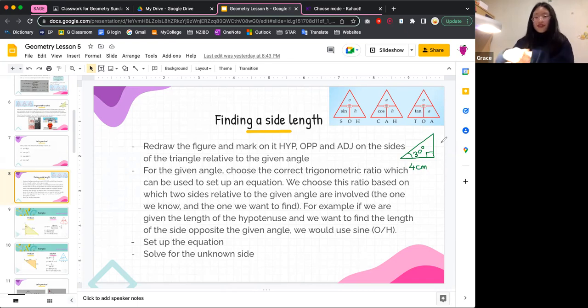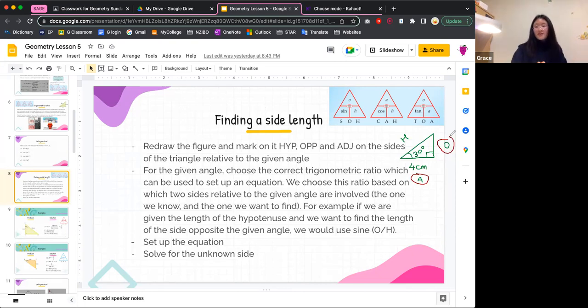So for example, oh wait, but before we do anything, we have the angle that we've been given and we need to label the sides of the triangle. We've got the longest side here, that's H, the hypotenuse. This side is opposite and this side is adjacent, it's next to the angle. If I said find the opposite side, you're given the adjacent side and you want to find the opposite side.